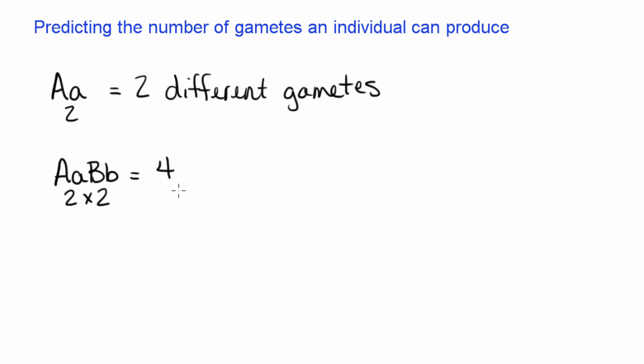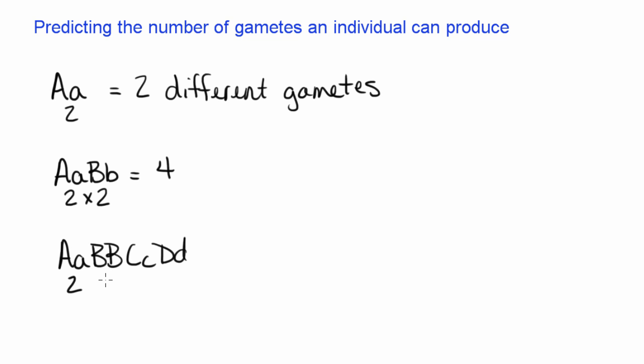possible for this one. Another example, if we had something like this, so if we just make something where we're actually looking at 4 genes. In this case, we have an A gene, a B gene, a C gene, and then a D gene as well. We look at each one of them separately. The A gene, we've got 2 different A's, so I'm going to put a little 2 there. For the B's, both of them are capital B, so while there are 2 B's, they are both the same version.